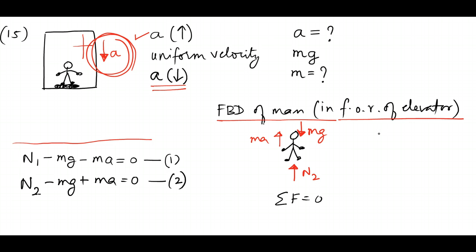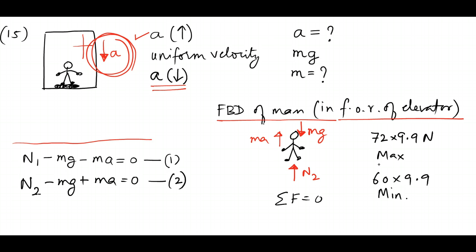Now, do you remember that in the question it is stated that 72 multiplied by g, in this case 9.9 newtons, is the maximum apparent weight of the man, and 60 into 9.9 newtons is the minimum apparent weight of the man.